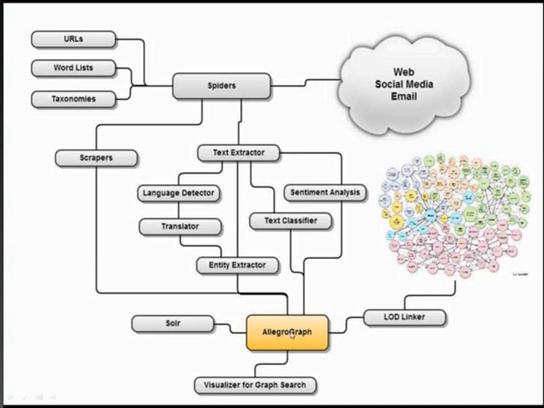Then another thing that we do is that for each place name, we'll go out to the Linked Open Data Cloud and find additional information about that place, like the latitude and the longitude, how many people live there, etc. For people, we'll go to DBpedia and Freebase and find more information about them. And for organizations, the same thing. So we enrich the data, and then ultimately we can do our visualizations and analytics.